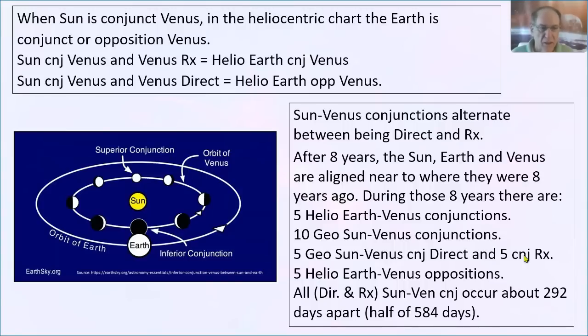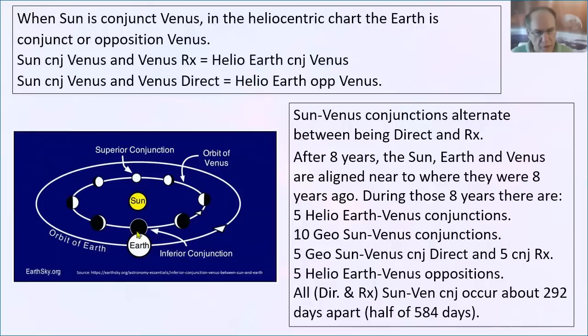And if you want to know the exact number of days, Sun, Venus and Earth are aligned every 584 days in the same alignment. Sun, Venus, Earth. So every 584 days, approximately 1 year, 7 months, they are aligned.